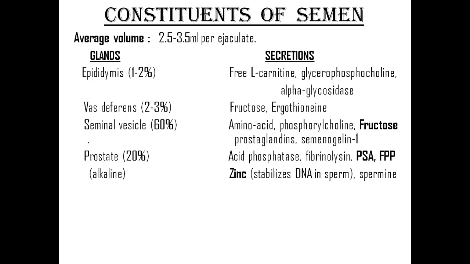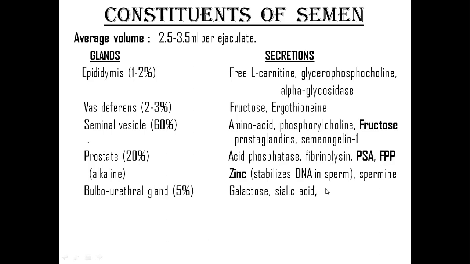Then there is zinc, which stabilizes the DNA of the sperm, and there is PSA, which is the prostate specific antigen, which gives us an idea about prostatic health. It is highly increased in prostatic malignancy along with the alkaline phosphatase and acid phosphatase. And fibrinolysin is there to not allow the seminal fluid to clot.